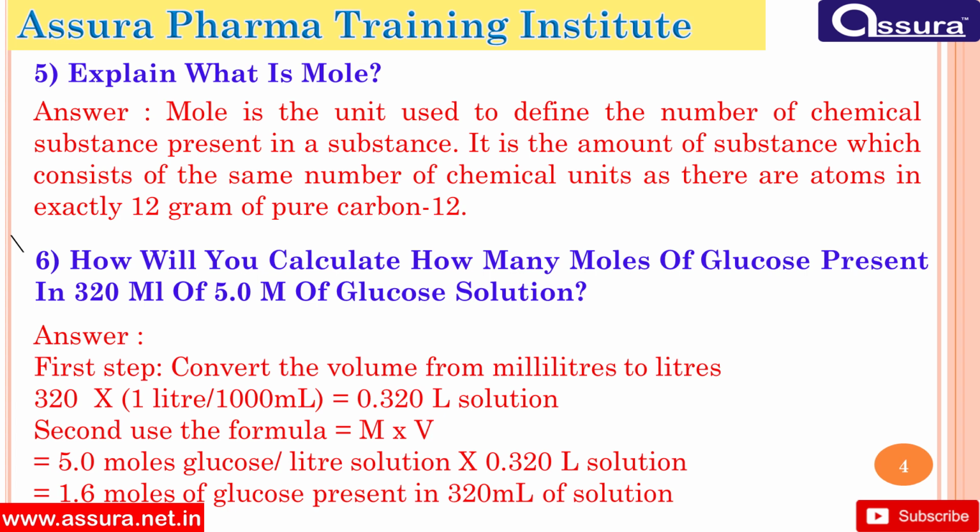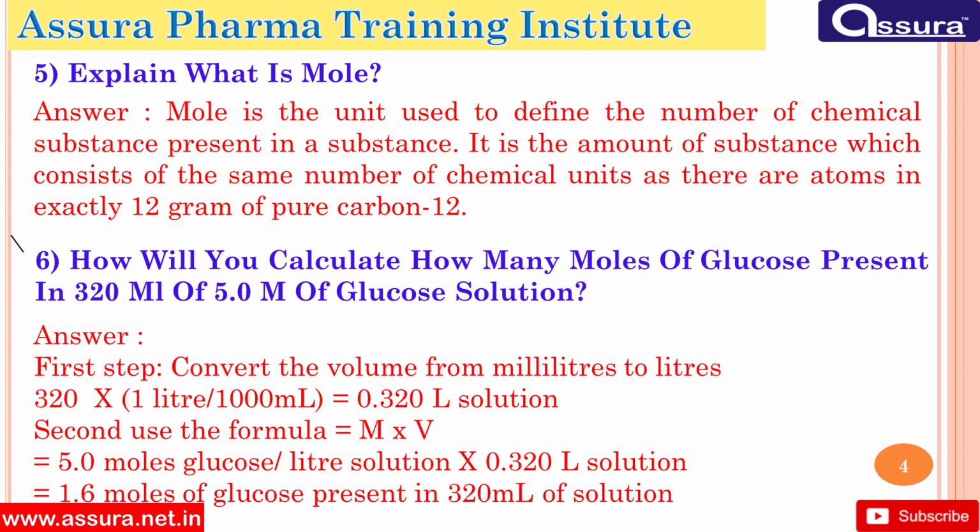How will you calculate how many moles of glucose are present in 320 ml of 0.5 molar glucose solution? First step, convert the volume from milliliters to liters. 320 ml times 1 liter upon 1000 milliliter equals 0.320 liter solution.